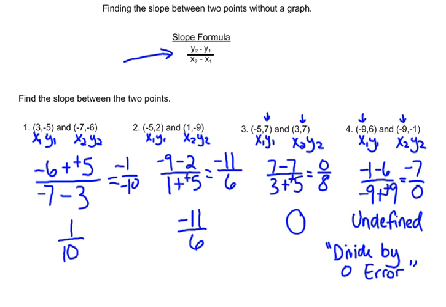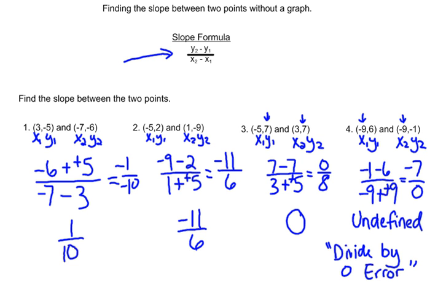If you ever get that message, what the calculator is telling you is that you have an undefined slope. So if you ever stick the problem that we just did into the calculator and it says divide by 0 error, then you know that that's undefined.